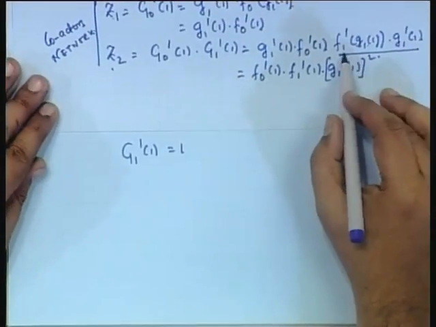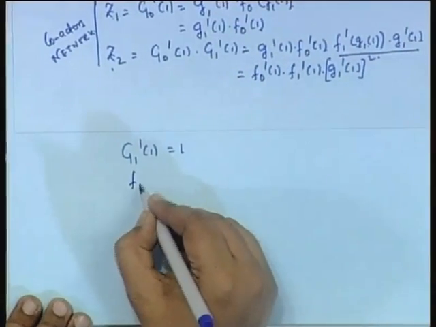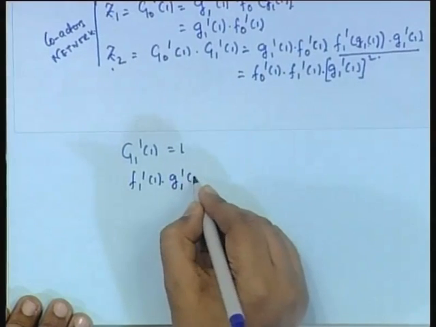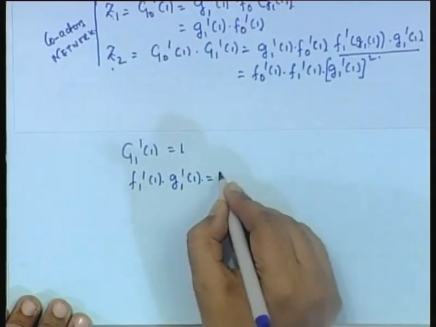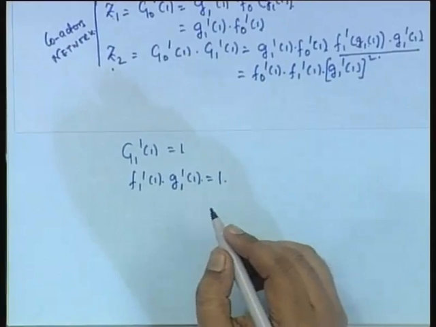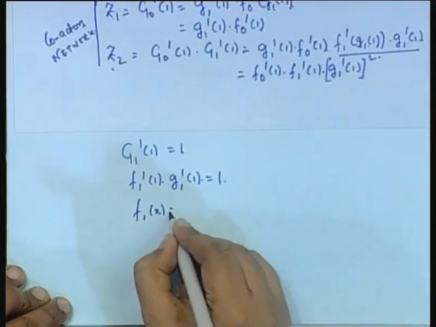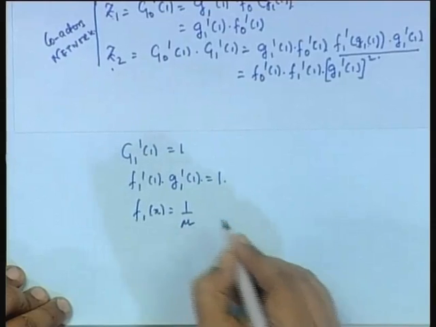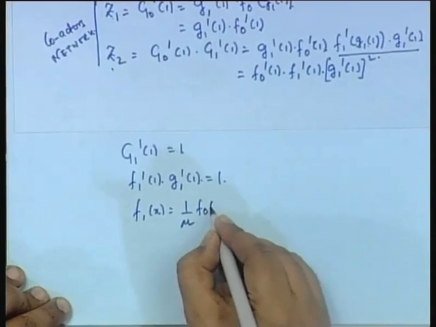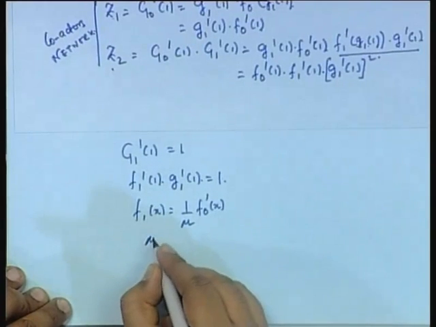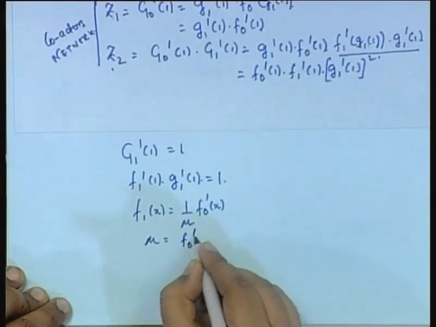This part is Z1 dash 1: F1 dash 1 into G1 dash 1 is equal to 1. And what is F1 x? F1 x is 1 by mu F0 dash x. Am I correct? And what is mu? F0 dash 1.